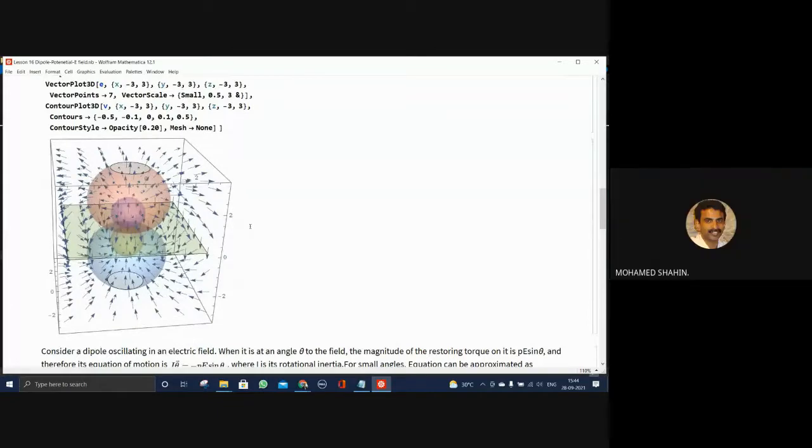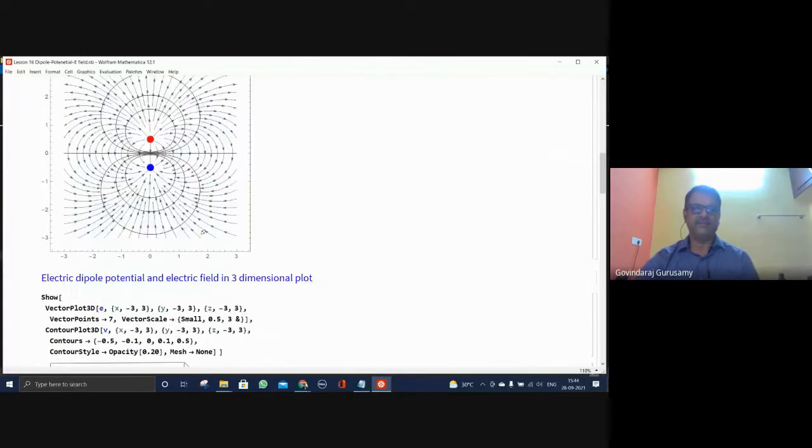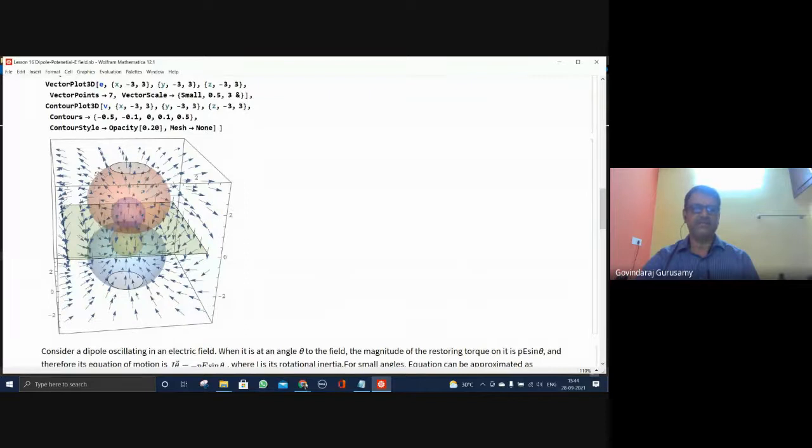So the inner circles are equipotential surfaces. If you make it in a plane, you will get equipotential lines. In 3 dimensions, it is going to be equipotential surfaces, which means charges can move on this surface without doing any work. That's what it means.